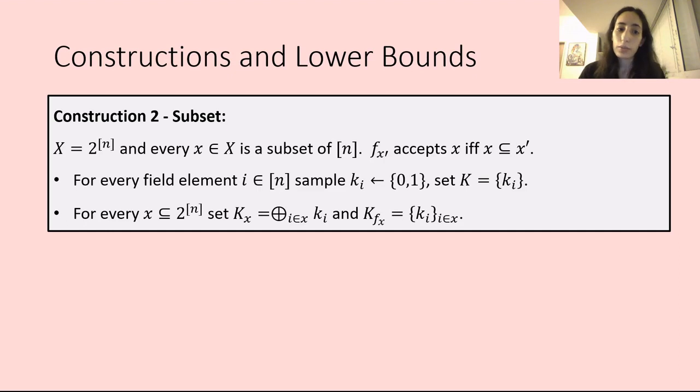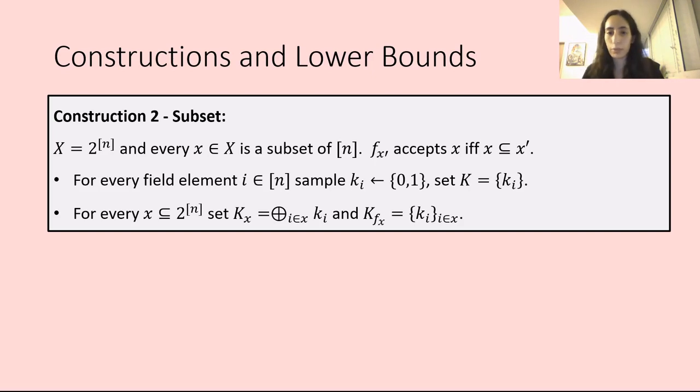And now, suppose that we get some x, and we want to compute k sub x. Recall that x is a subset of those n elements. So for every element that appears in x, we take the corresponding k sub i from the CRS, and then we XOR all of those values together and let it be k sub x. And when we want to generate a constrained key for some subset, then again, we take all of the k sub i that correspond to this subset, but now instead of XORing them, we simply give all of them.